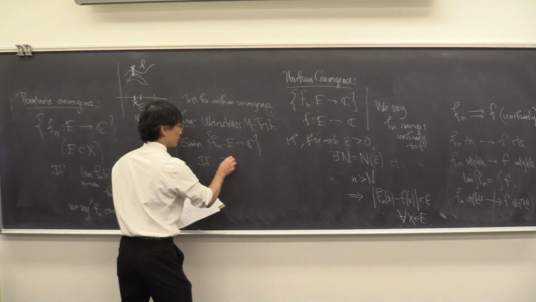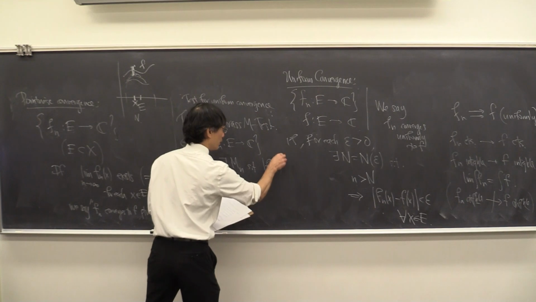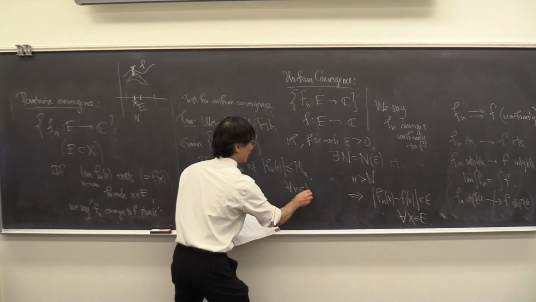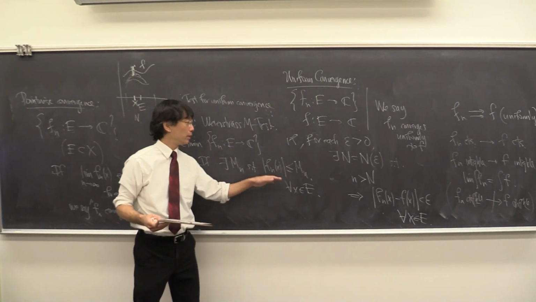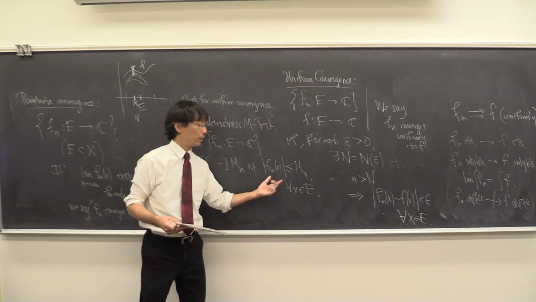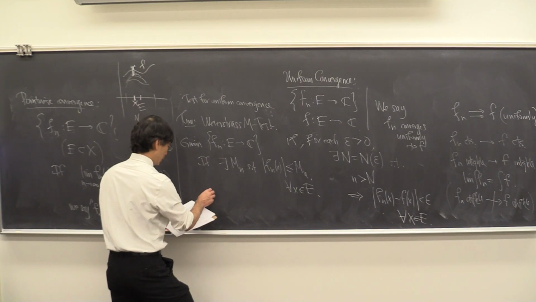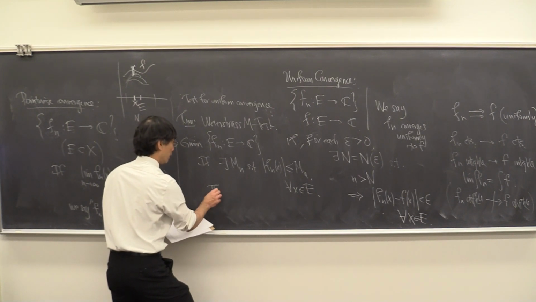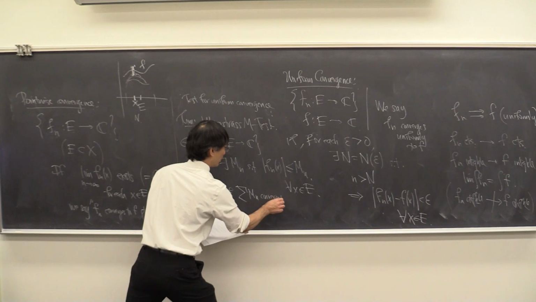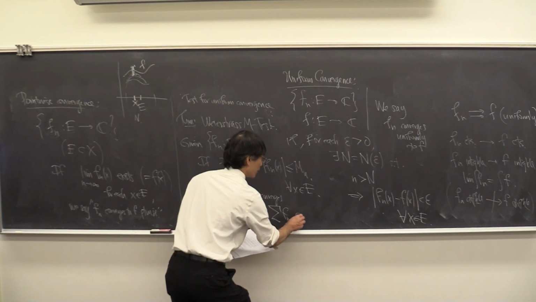If there exist bounds M sub n such that each function is uniformly bounded by the M sub n, so for all points in your set, if there are bounds for each function, then if the sum of the bounds converges, then the sum of the f sub n converges uniformly.